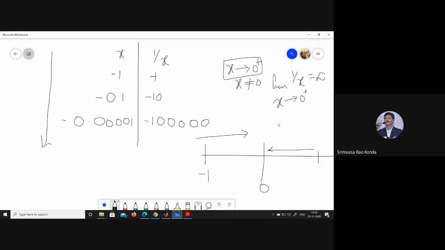Whereas as x approaches 0 minus, it extends to minus infinity.